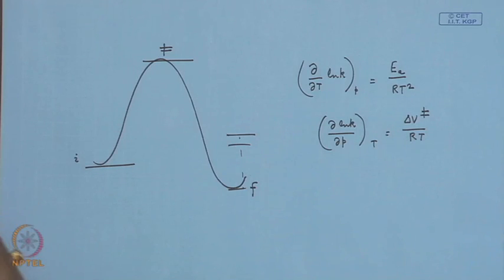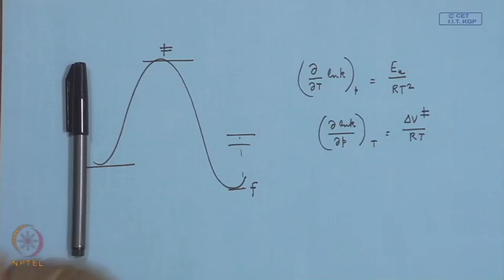Okay. So, what is happening here? When it is a case of associative mechanism, because of this activated state formation, 2 to 1, there is a loss in entropy. So, entropy of activation will be less, negative in sense.